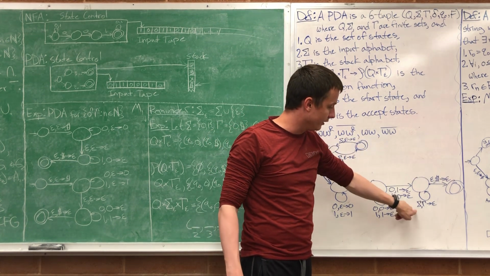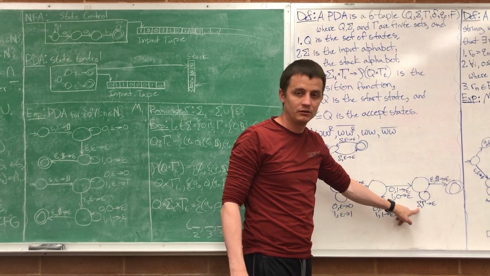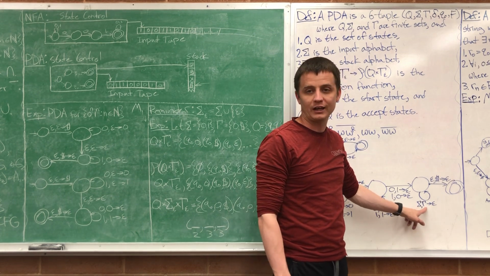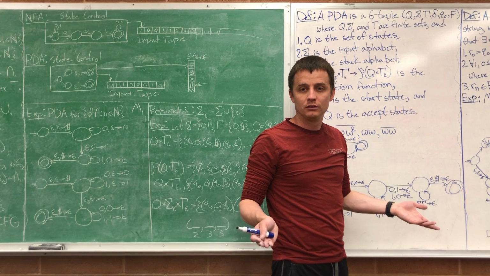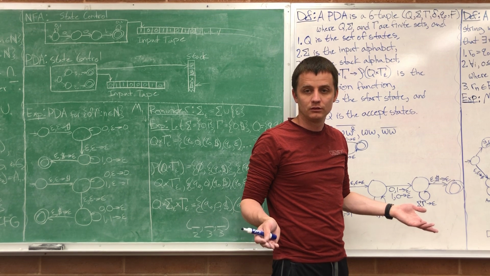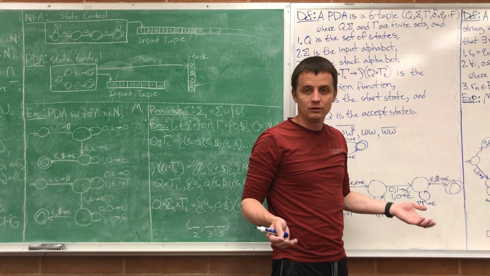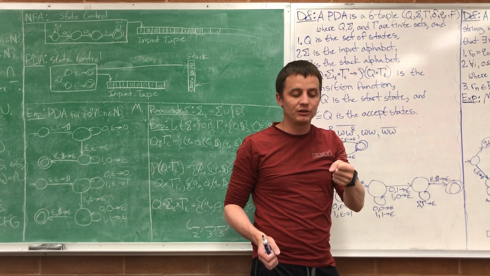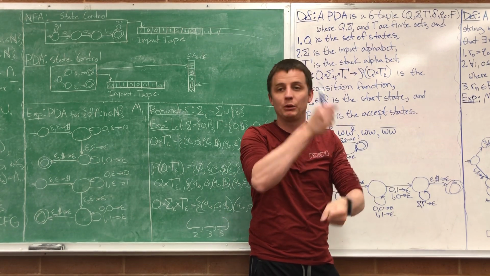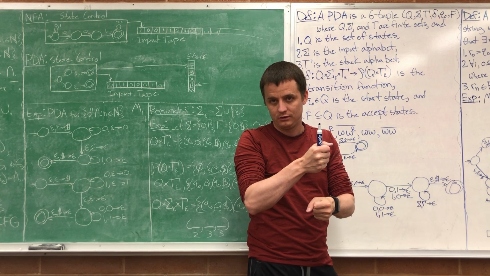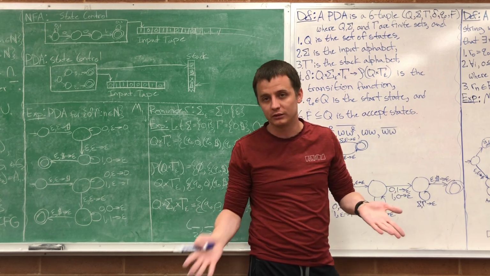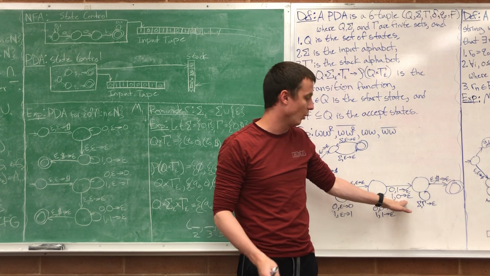Well, this one, now I don't care what I read, and I don't care what's on the stack. Just read it and pop off whatever's on the stack. So I'm making sure every time we read an input symbol, there's still something on the stack. Because now we don't care if they match or don't match. If they match, we don't care. If they mismatch, we don't care. We just care that there was at least one mismatch.